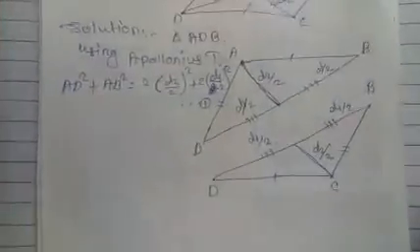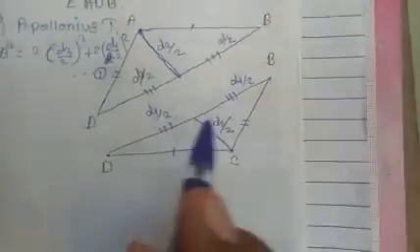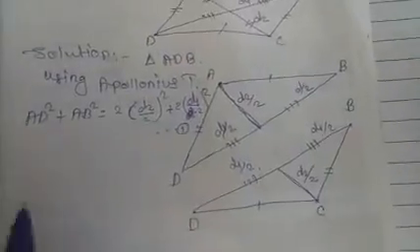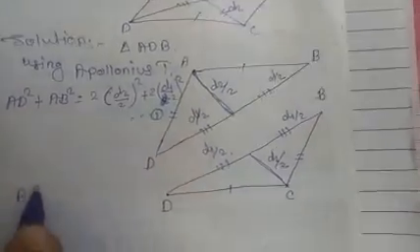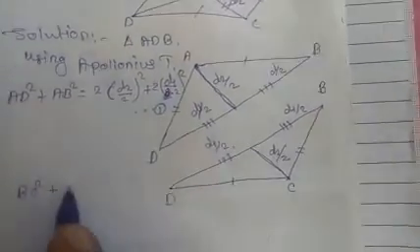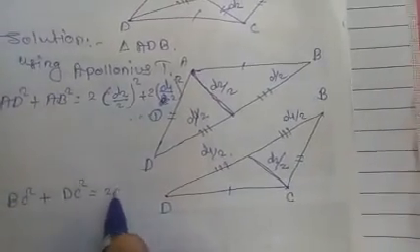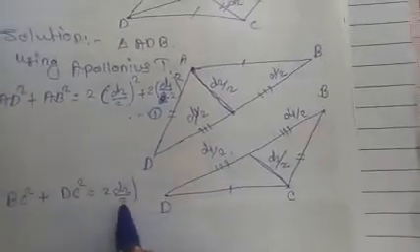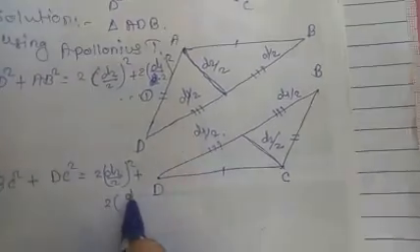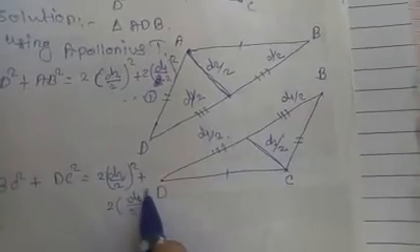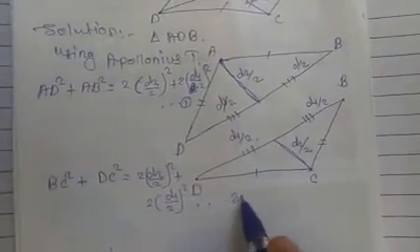So now consider the second triangle CBD. It has a median, so by using Apollonius theorem, here BC square plus DC square is equal to 2 times bracket D2 upon 2 square plus 2 times bracket D1 upon 2 square. It is equation number 2.